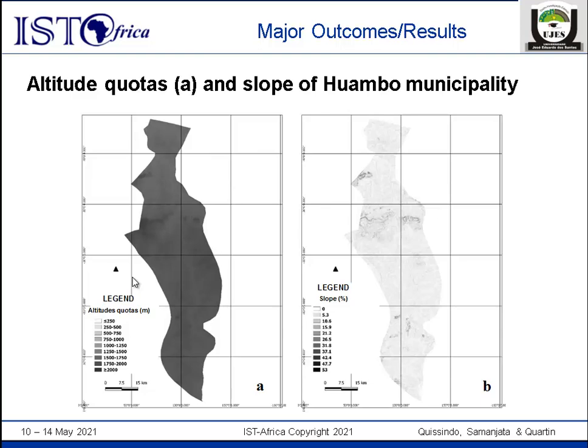Our first results show that the municipality has a high altitude, above 215 meters relative to sea level, and we also calculated the slope, and we see that it was low.